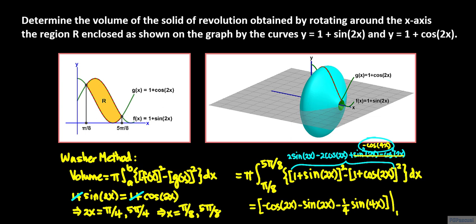All of this we evaluate from pi over 8 to 5 pi over 8. Plugging in the limits of integration into the antiderivative, the viewer can easily check that the volume of the solid of revolution is 2 times the square root of 2.